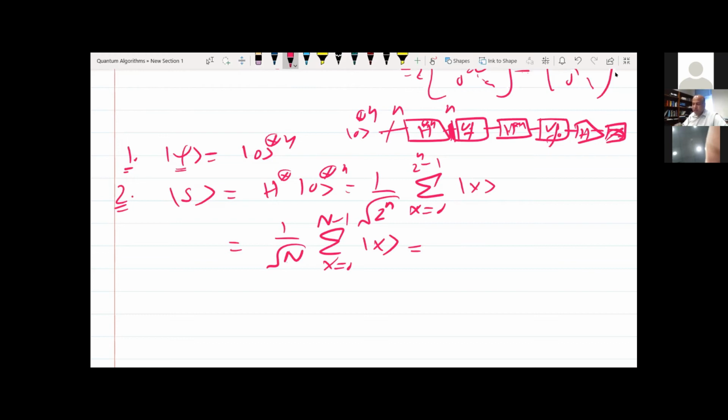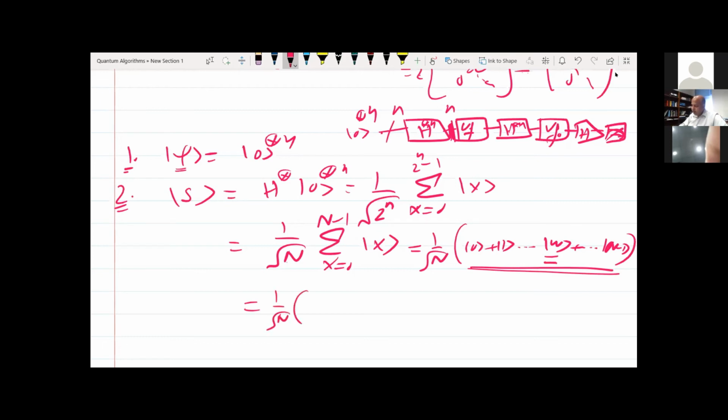And this S state, let me write it in a certain way. Let's bifurcate into 2 parts, because this is nothing but something like this: 0, 1, W, and all the way to n minus 1. So this W is something that we are looking for. So let's partition this superposition state S into 2 parts.